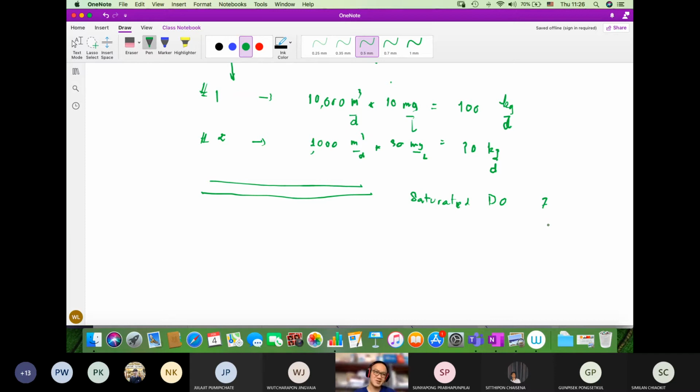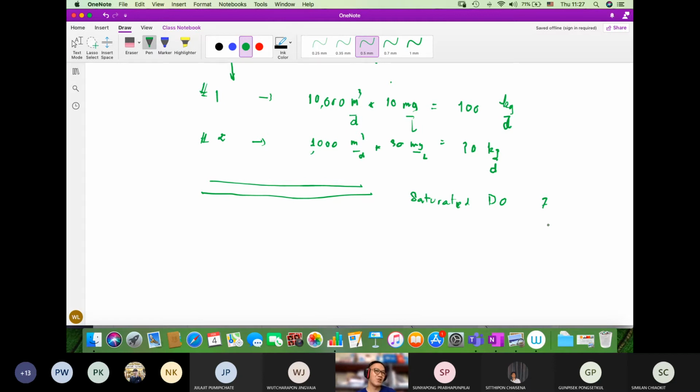The maximum is 7.8. You will never see something beyond 8, except in some places where there's plenty of algae in the ponds. During the daytime, lots of photosynthesis takes place, and if you measure the oxygen in a pond containing lots of algae at 3 o'clock in the afternoon, sometimes it goes beyond 10 milligrams per liter.